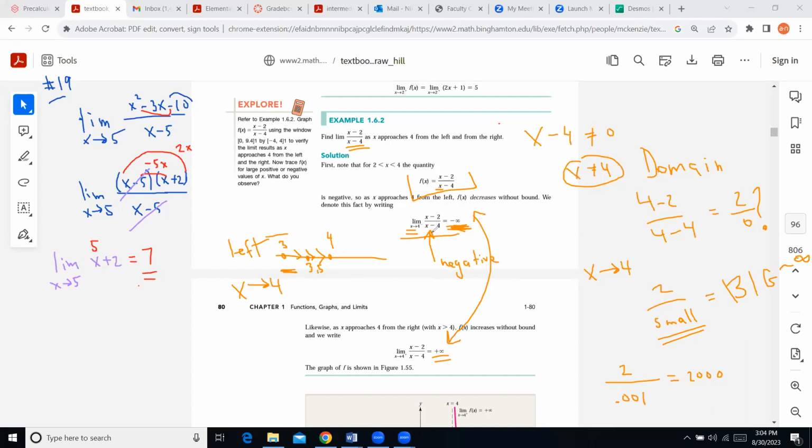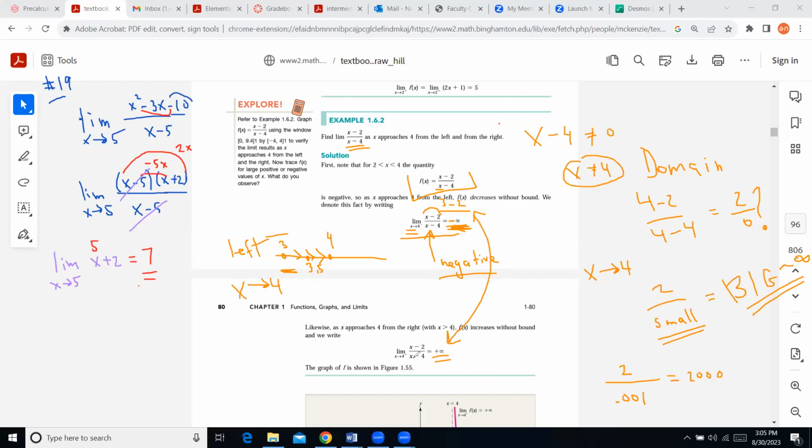These numbers, if I subtract 4 from them, will be negative. So I'm going to end up dividing the positive thing, like say 3 minus 2, or whatever it is, positive, by negative. And that's why this is minus infinity. So it is big, it is infinity, but it may be positive or negative.